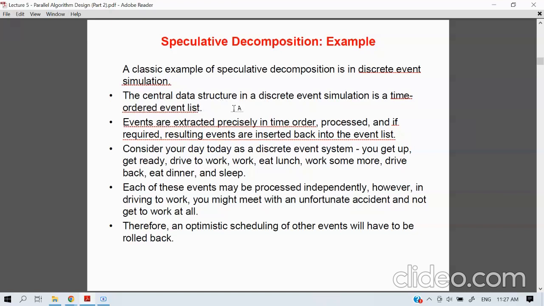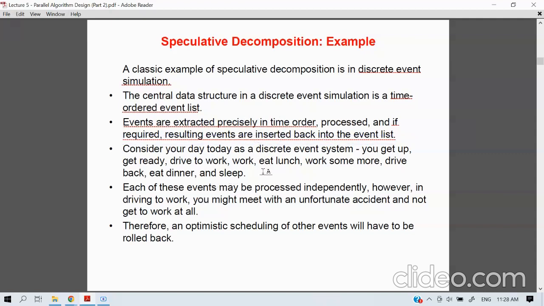So we need to use time schedule in the event that we have set or we want to decompose. Events are extracted precisely in time order. So process and if required, resulting events are inserted back into the event list. Kalau ada error, we need to include back the event into the event list.